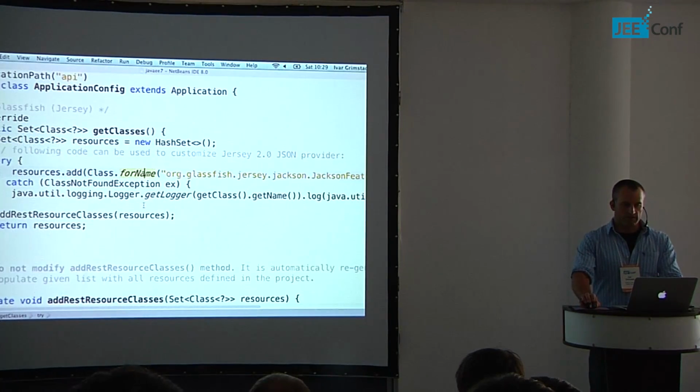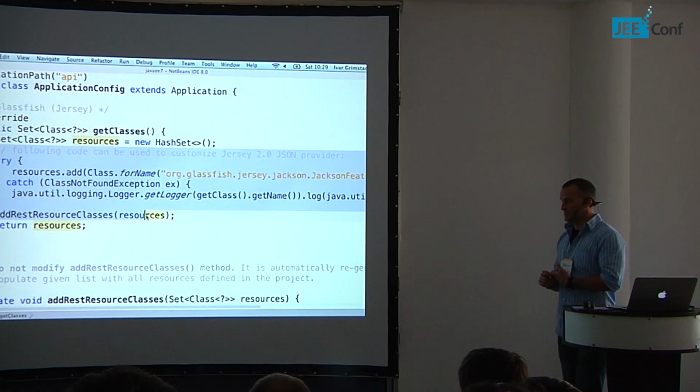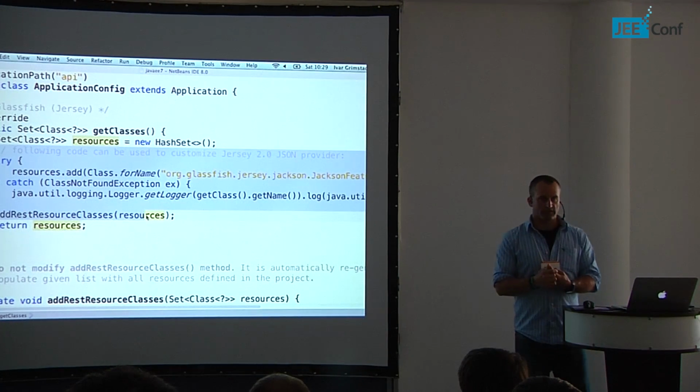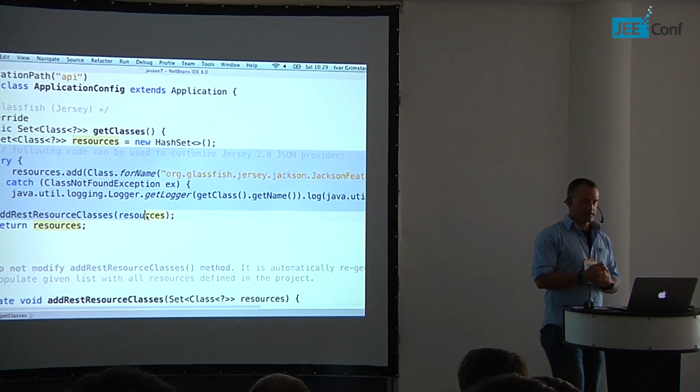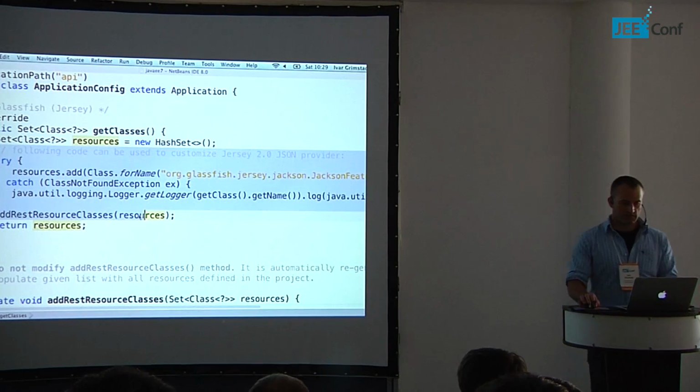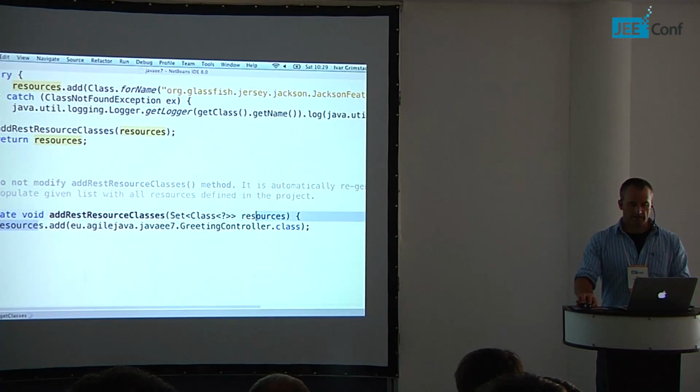And what I've done here is to tell Jersey that I want to use Jackson for JSON. And I'll also add the controller.